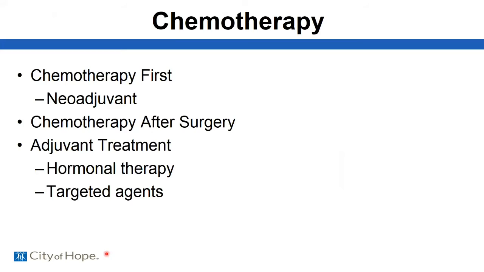So chemotherapy, medical oncology handles this, but there's different ways of giving it. So there's chemotherapy first before surgery. We call that neoadjuvant, meaning you want to try and shrink the tumor to make the surgery easier and potentially clear some of the tumor from any lymph nodes that are involved. Then there's standard chemotherapy after surgery.